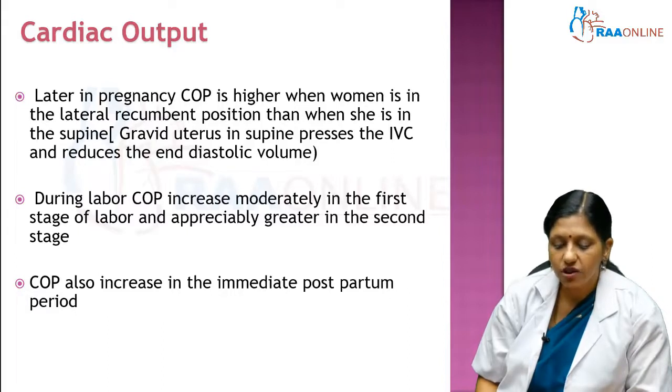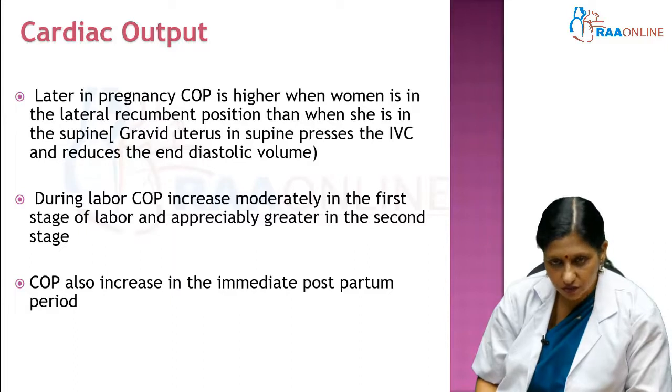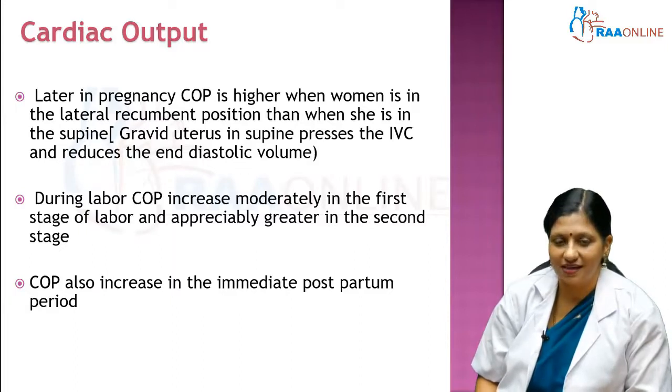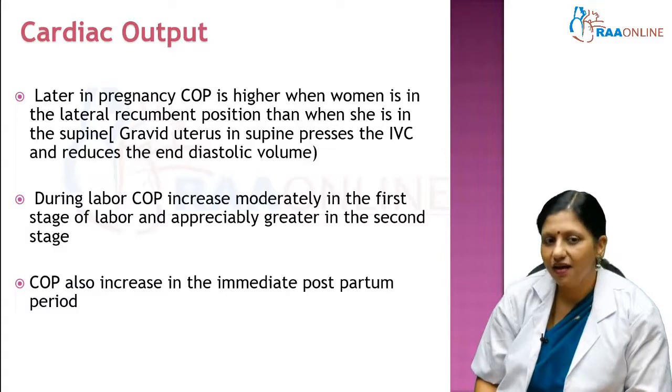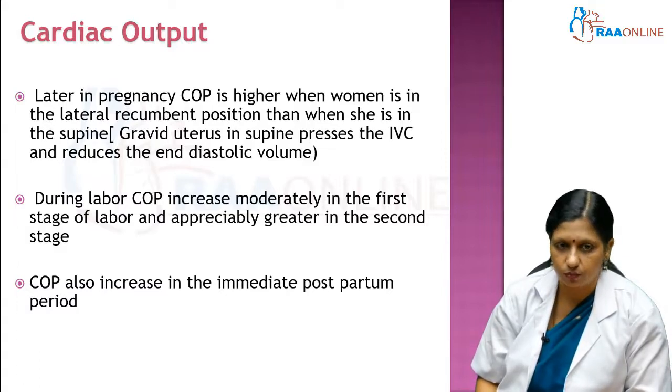Even in the immediate postpartum period, when there is cutoff of the fetoplacental circulation after the delivery of the placenta, and there is sequestration of blood into the maternal circulation from the uterine sinuses, there is again a rise in the cardiac output. So, these are the times when the patient can have cardiac failure.